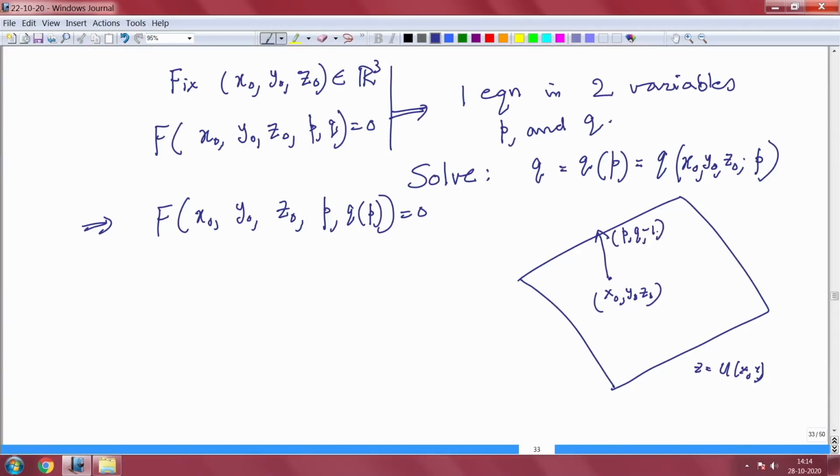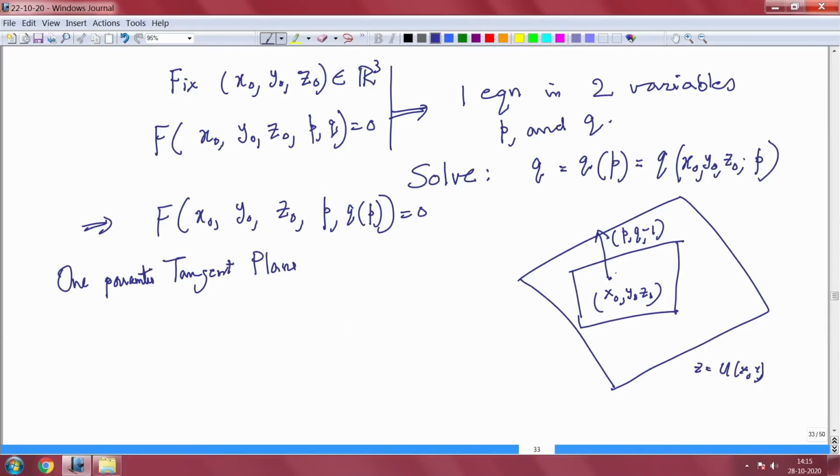This was the picture again. Once you have a normal, there will be a tangent plane, a one parameter family of tangent planes. What is the equation of this plane?